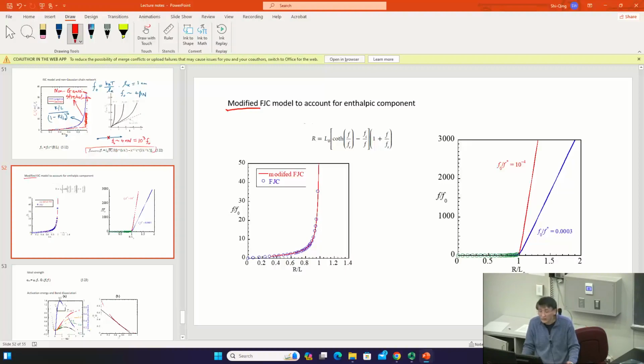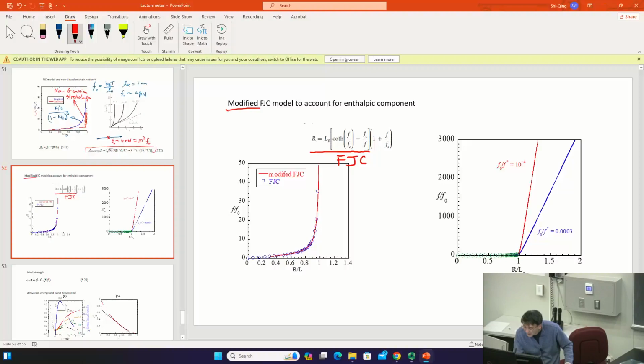So before I teach you, I prepared to show you something about it in terms of demonstrating graphically what we're talking about here. So what we're talking about here is this is the freely jointed chain model. This part.